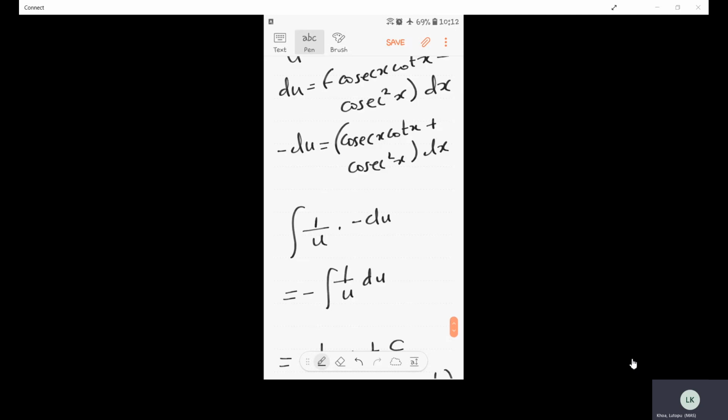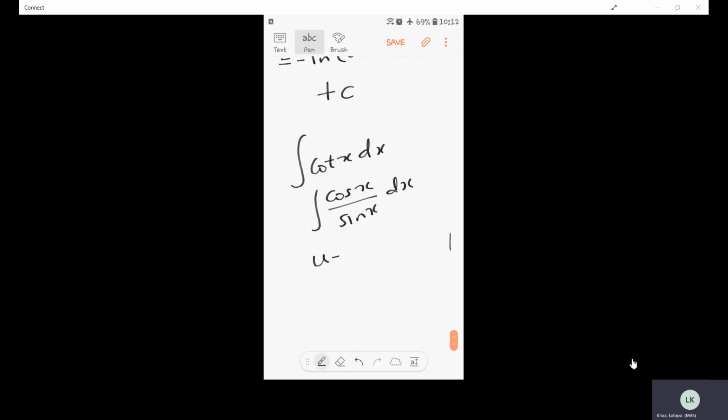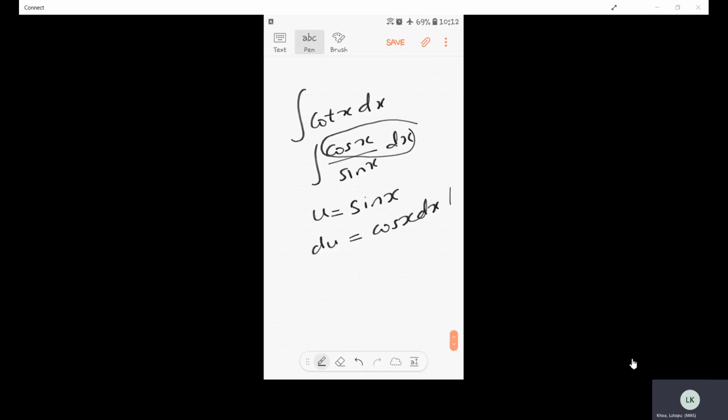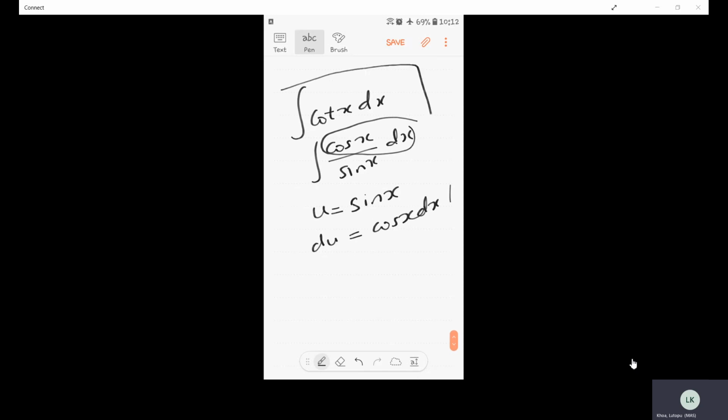So here you'll just make the substitution that u is equal to sine x, and then du is equal to cos x dx, which is your numerator. And with tan, the other way around, it's sine over cos, so you let your denominator equal to u, and then you'll make the substitution like that. So you should be able to integrate any of the trigonometric ratios.